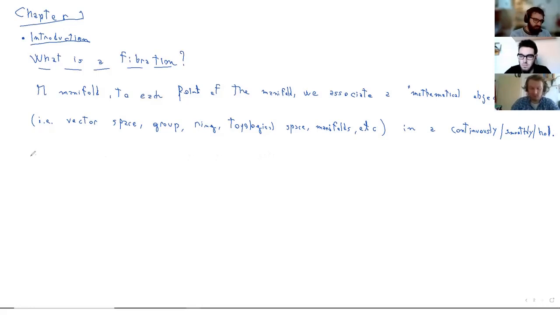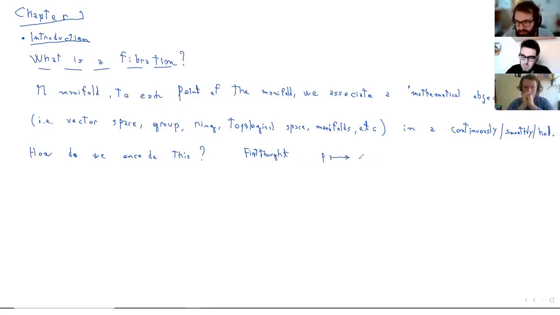So how do we encode this? Maybe the first thought could be, you take a point P and you associate some space, F_P.